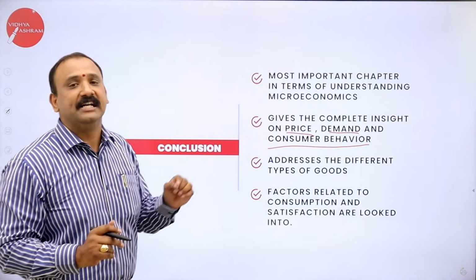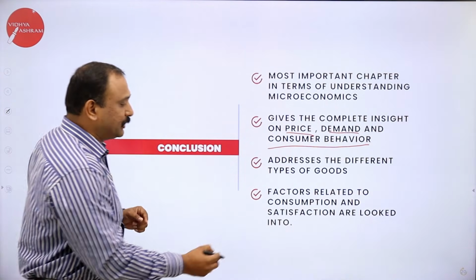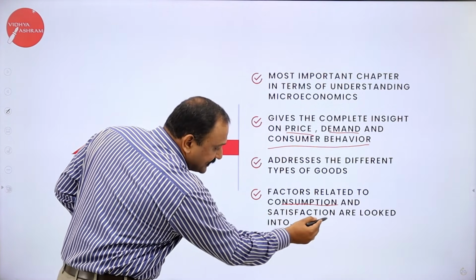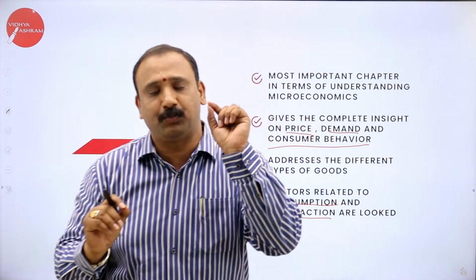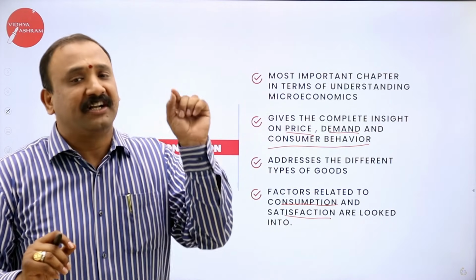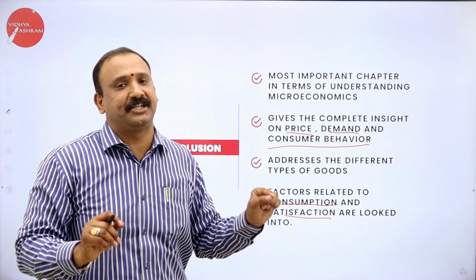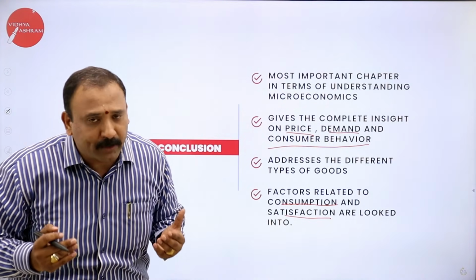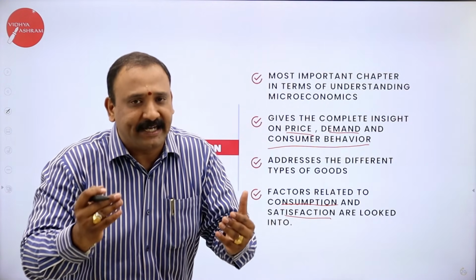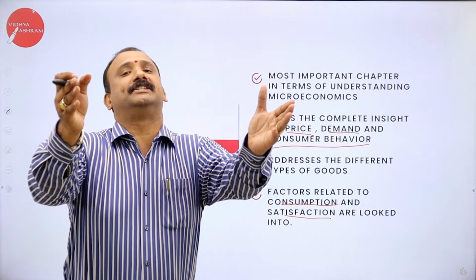Last but not the least, the factors that are related to consumption and satisfaction. These two words, again, please keep in mind, that's very, very important. Why? Because consumption and satisfaction make everything when it comes to consumer behavior. The more I consume, the more I get satisfied, I move towards the equilibrium.